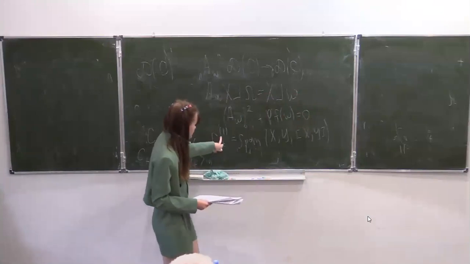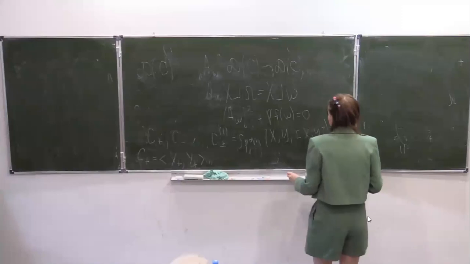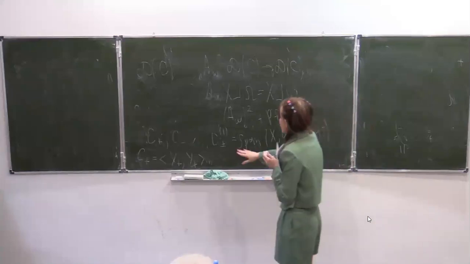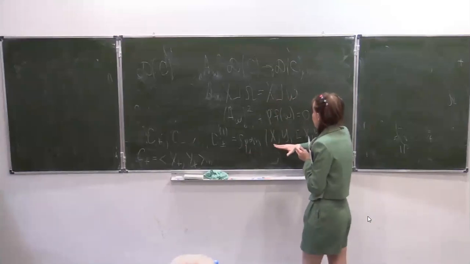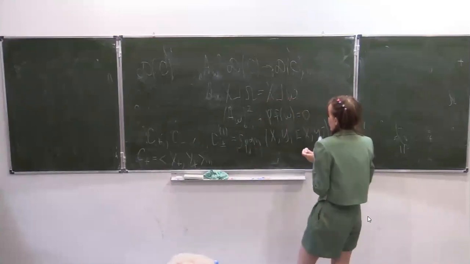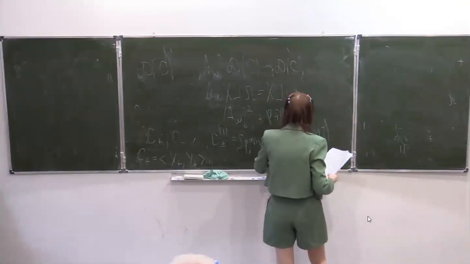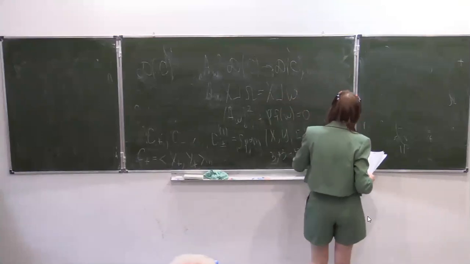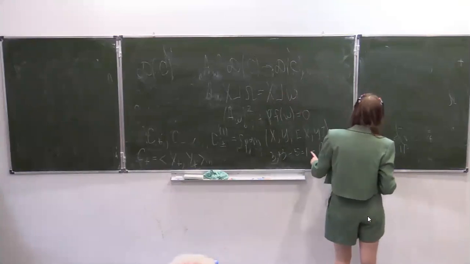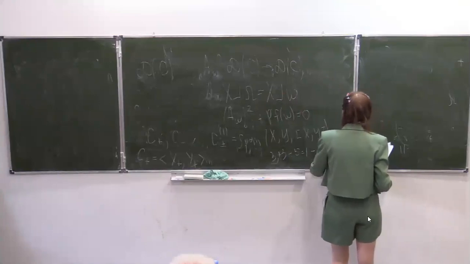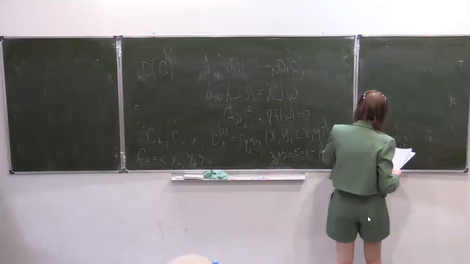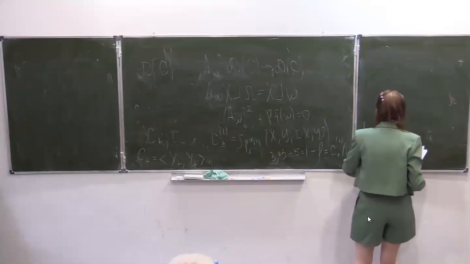It's the first derivative, and our space has dimension 5. Here we have 3-dimensional, and there are 2 characteristics. So 3 plus 3 minus 5 equals 1. This is the intersection of the distributions C1 plus and C1 minus.